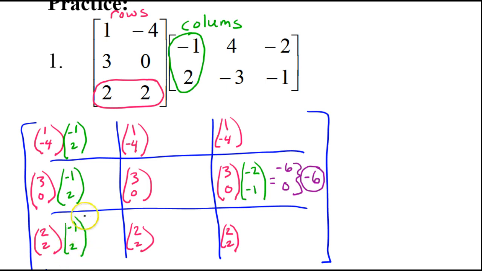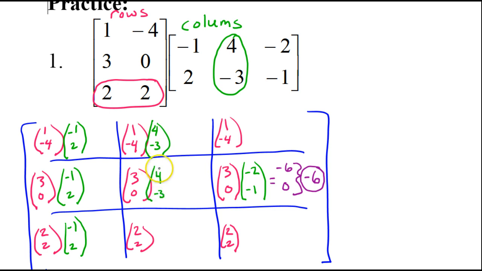It just speeds up the process if you do it all the way down, and it helps you avoid mistakes that you run into if you do it one at a time. If I want to find the entries of column 2, then I'm going to be multiplying by column 2. So I might as well write it down 3 times: 4, -3; 4, -3; 4, -3.